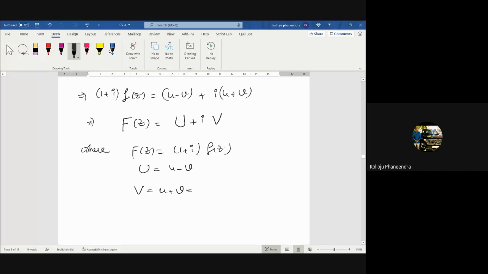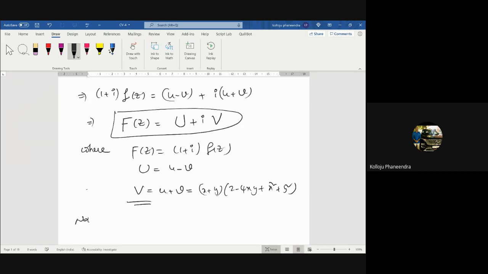And u plus v is given as (x plus y) into (x square minus 4xy plus y square). Now this is the function, where V is this function. Now, we have to first find capital F of z. After finding capital F of z, small f of z will automatically be determined.